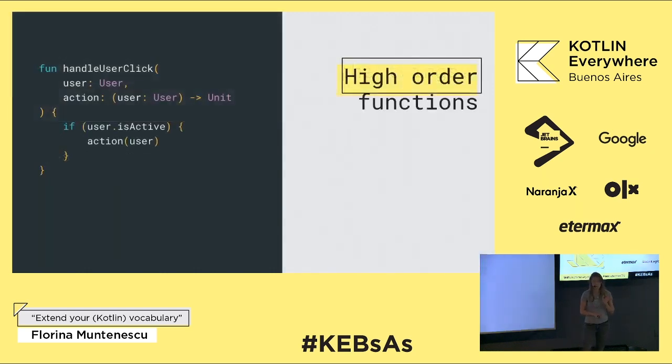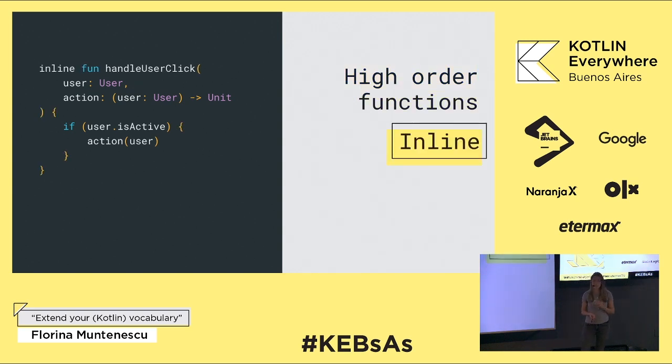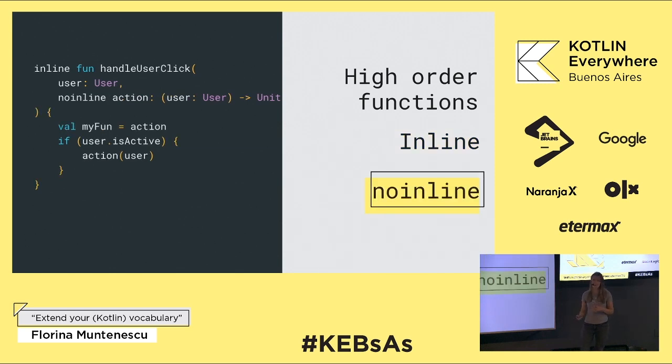Okay, so we said that functions that take other functions as parameters or return a function are called higher-order functions. Then we looked at inline and how it allows you to get rid of the extra function objects being created. And in the case where we want to store a reference to that function, we should use noinline.